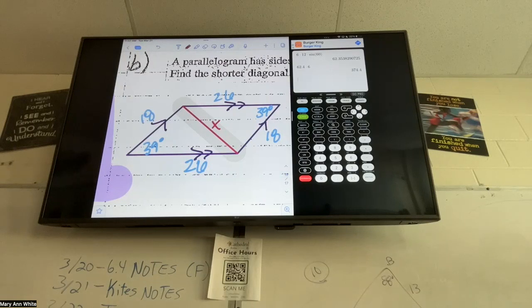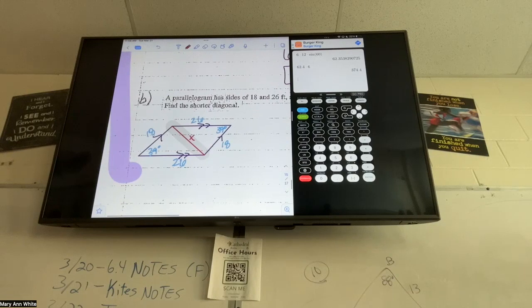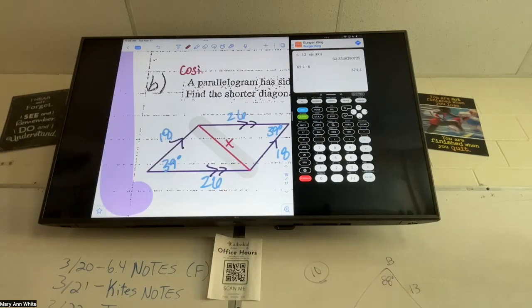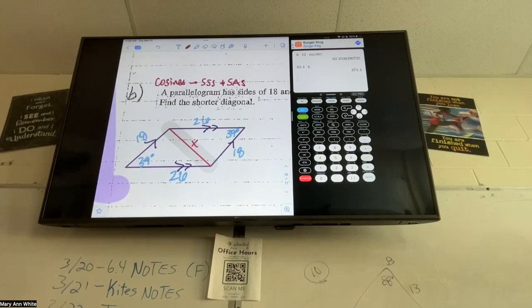We would do cosines here. Do law of cosines. I would have the x all by itself. So we use law of cosines every time that we have side, side, side, and side, angle, side. Side, side, side, and side, angle, side is law of cosines. And I have a side, angle, side, so I'm going to do that.